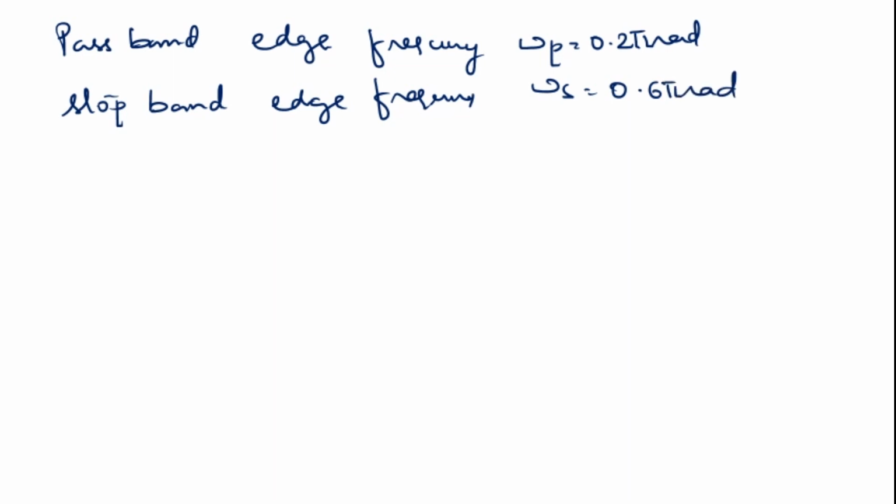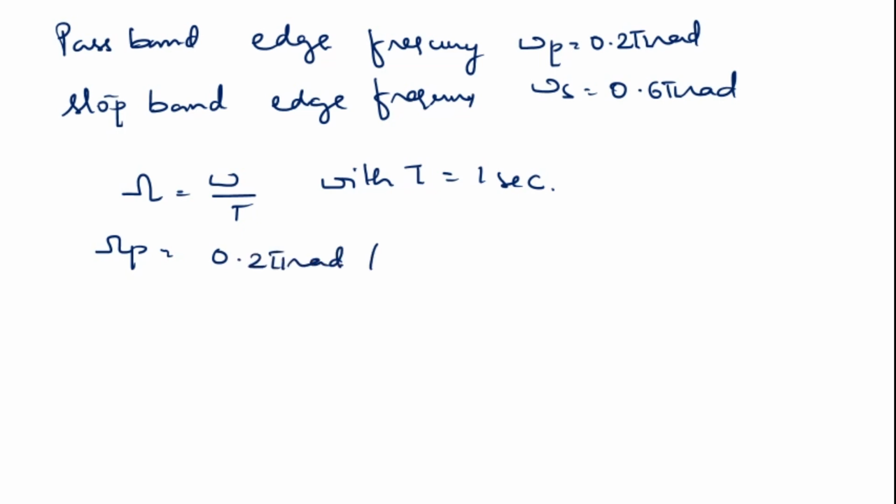So first we have to convert the band edge digital frequencies into analog frequencies using Omega is equal to omega by T, with T equal to 1 second. Hence Omega p is equal to 0.2 pi radian per second, and delta p is 0.2.